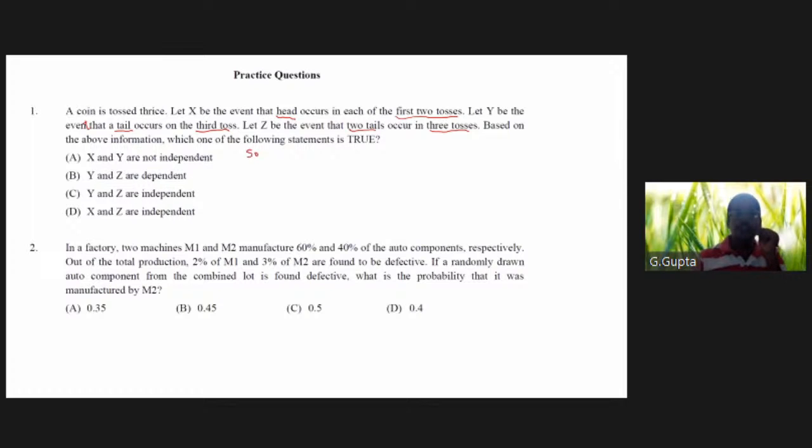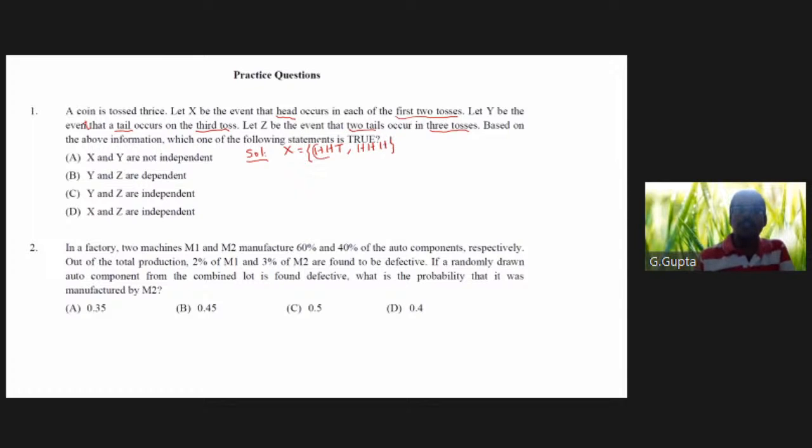So let us convert into roster form. There are 3 coins, so the total sample space is 2 cube, 8. Head occurs in each of the first 2 tosses: H, H, T. The 3rd toss may be tail or head, that doesn't matter.